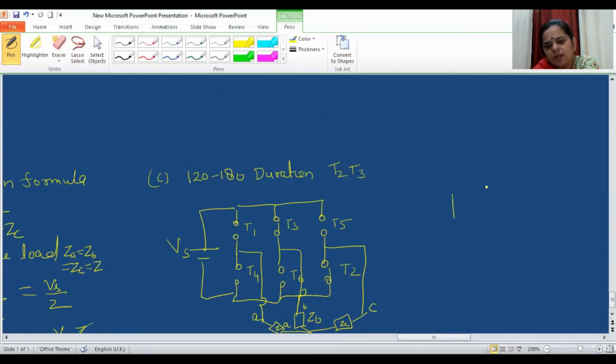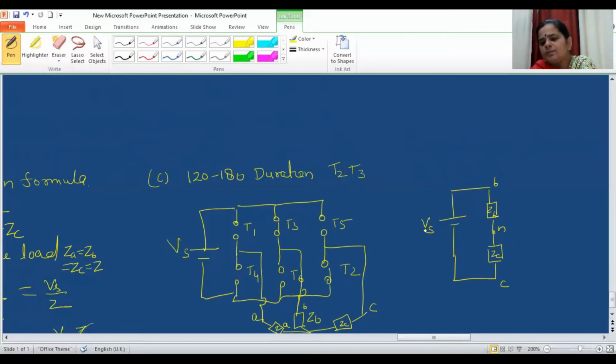Depending on the conducting SCR, if I redraw the circuit, you can see that the B phase through T3 short circuit is connected to the positive of the supply. So this is ZB and it is connected to the positive, and this is B phase. Similarly, through the short circuit of T2, ZC will be connected to the negative of the supply, and this is C, this is Vs.